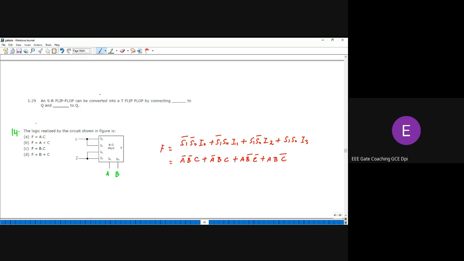So how to minimize this equation? I can take A bar C common in this one, so the answer is B bar plus B, plus here I can take A C bar common, so this is B bar plus B. So B plus B bar is equal to 1.